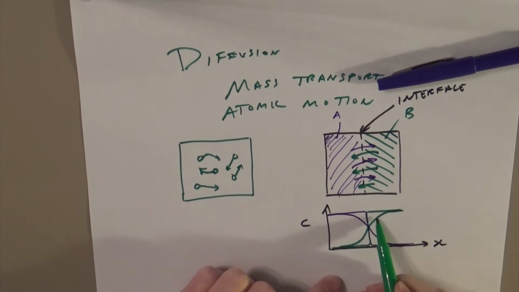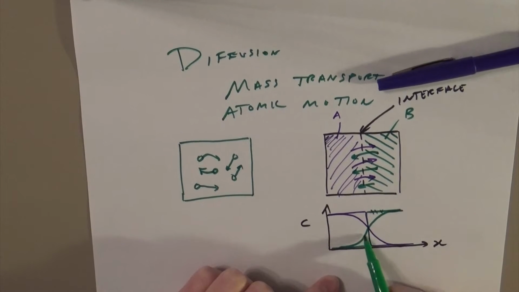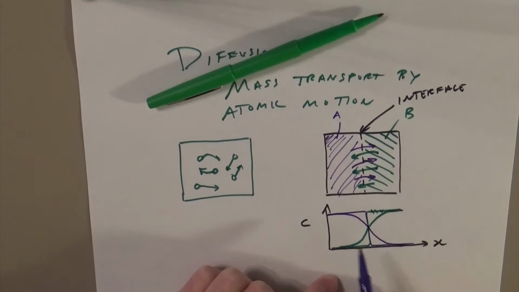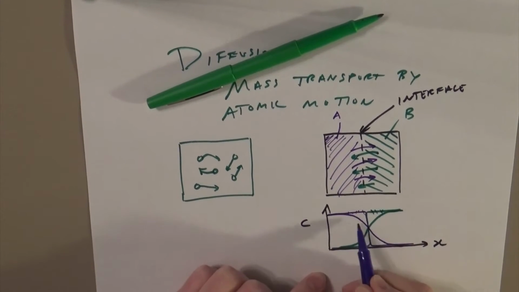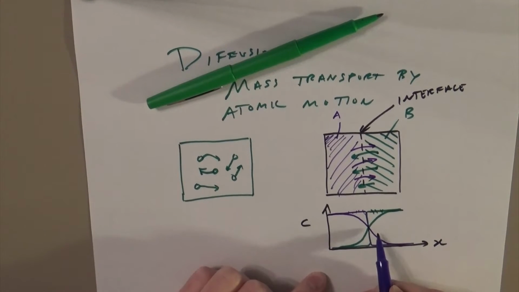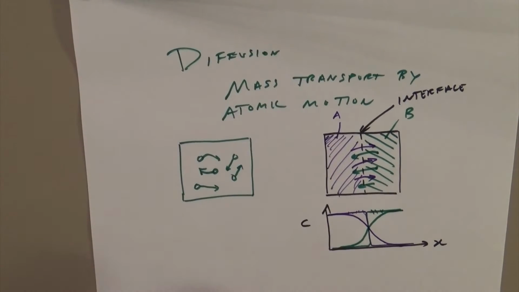So some of the concentration that was up here has now moved over to this side, and some of the concentration profile that was up here has now moved over to this side. And then over time, these will eventually become homogenized.